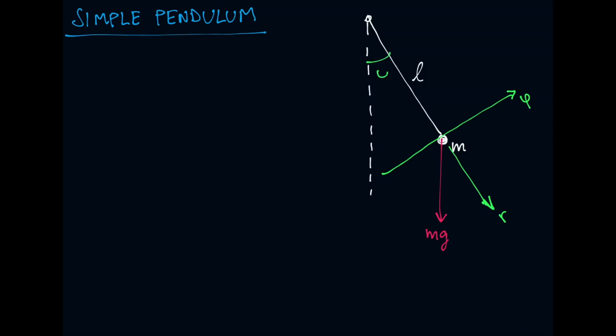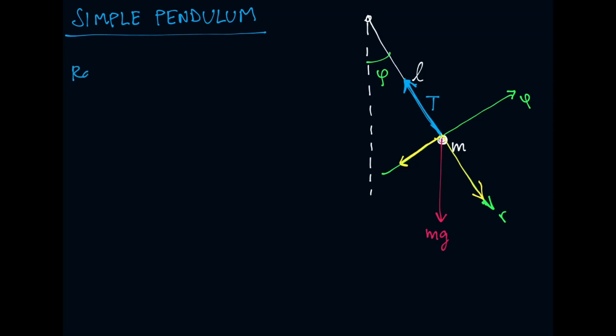If we call this the angle phi, okay? And so what does F equals ma look like in this context? Well, these are the components of the force of gravity, and inevitably there's going to be some tension. I hope you remember about tension in the string.